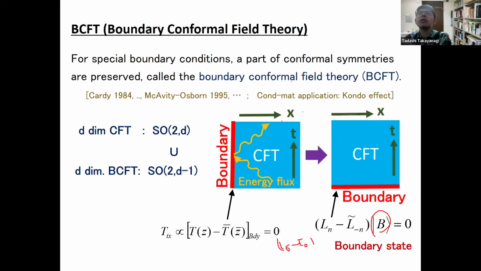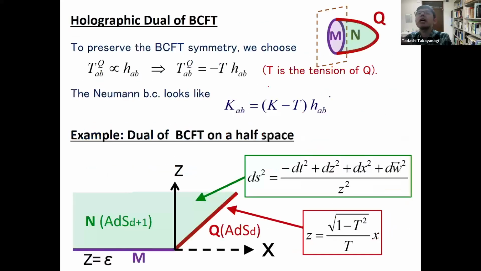Another question is why this kind of situation preserves BCFT symmetry. For example, this solution means that we have a boundary, just the upper half plane, and in that case conformal symmetry is all preserved.